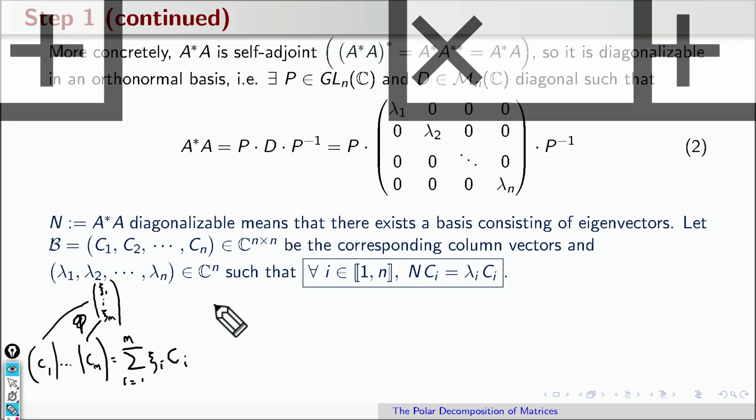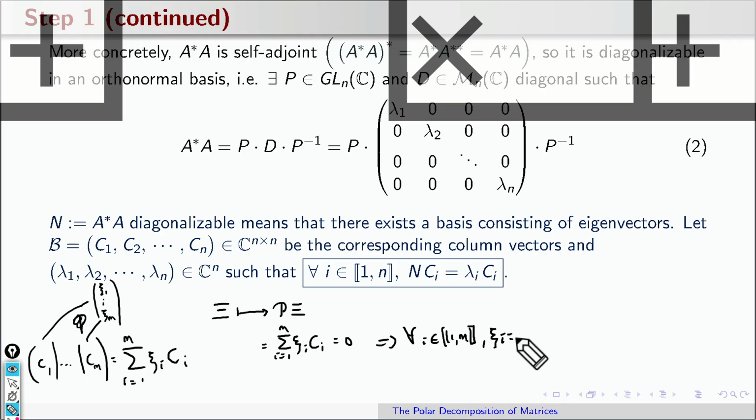And this map, you can see that it is injective because a basis is free. So if this linear combination is equal to 0, because the family Ci is free, then all the coefficients, from 1 to n, xi equals 0, meaning that this vector has to be 0.